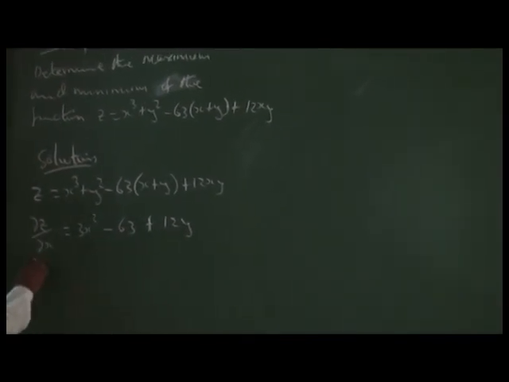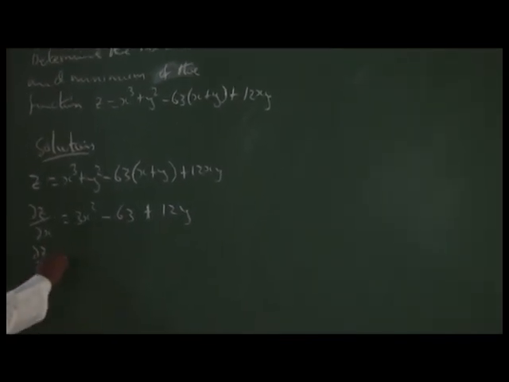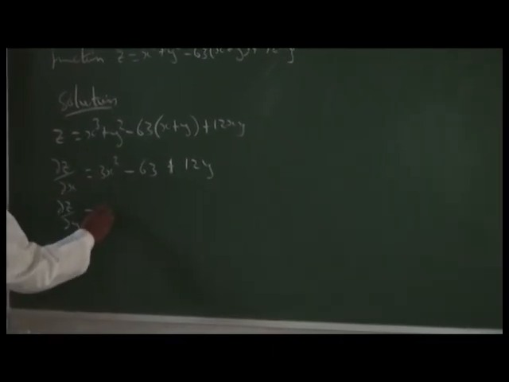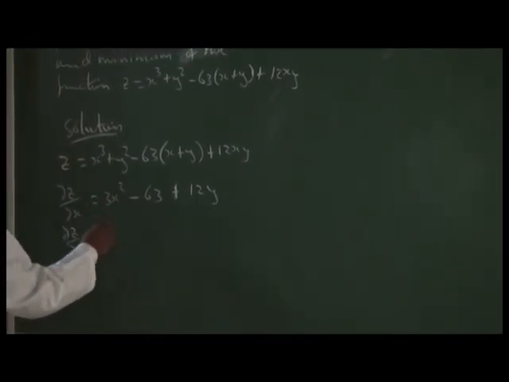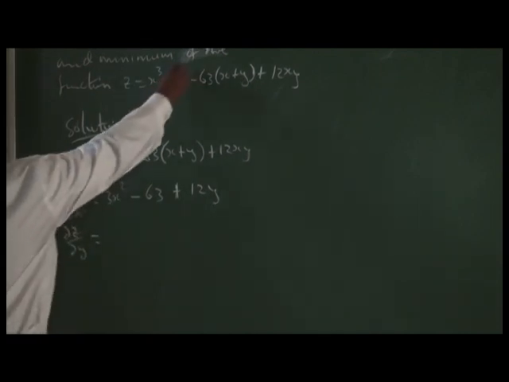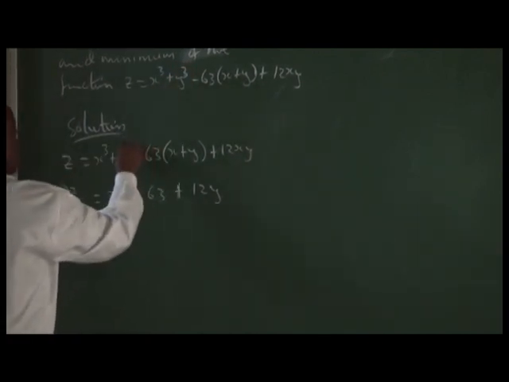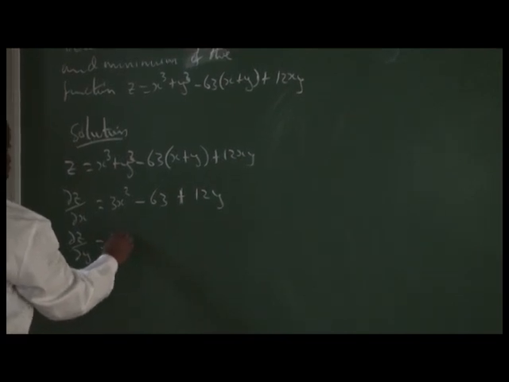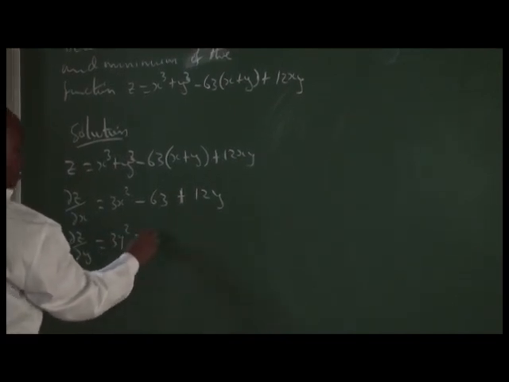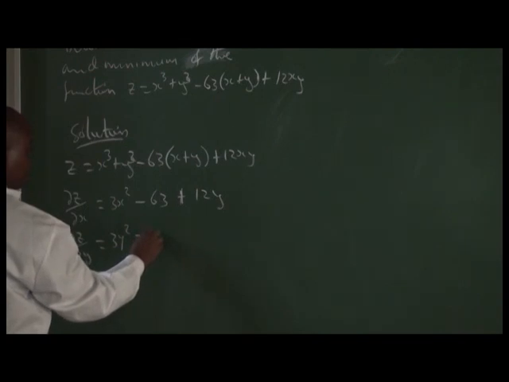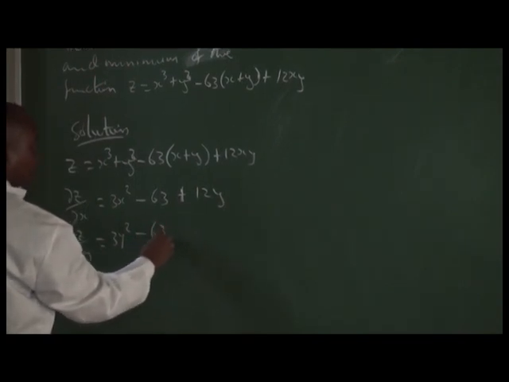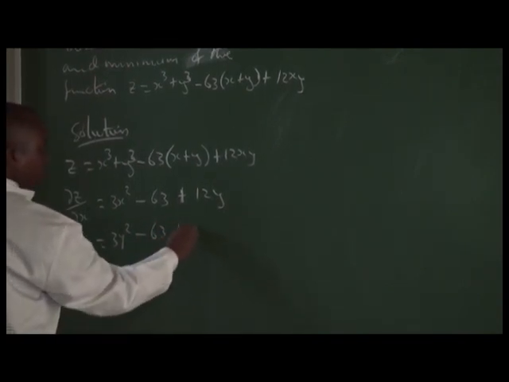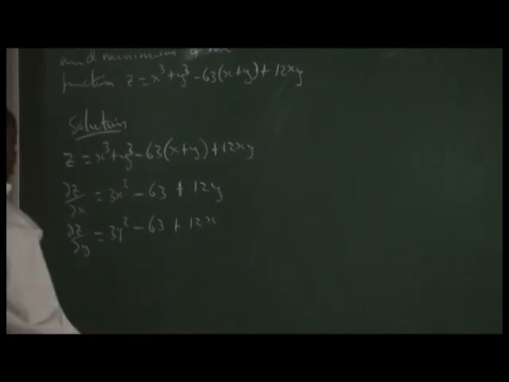Partial Z partial y will give me 3y squared minus 63 plus 12x.